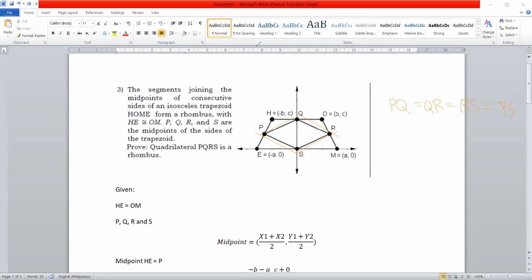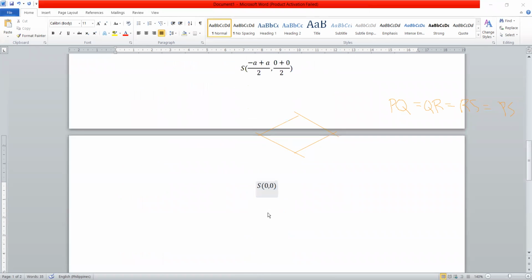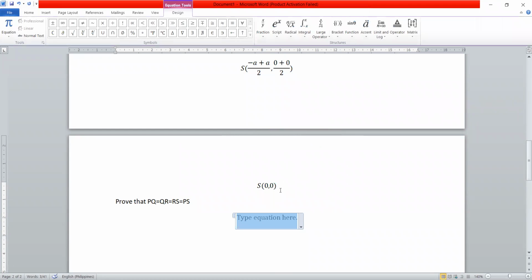So I'll write that down below again. We have to prove that PQ is equal to QR is equal to RS is equal to PS. First, we have PQ. So let's write here the distance formula.